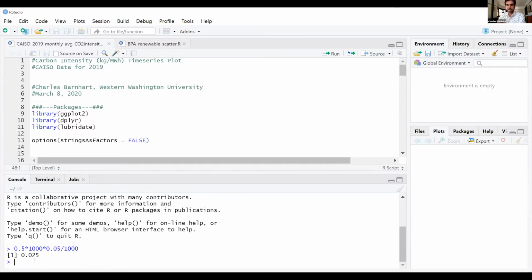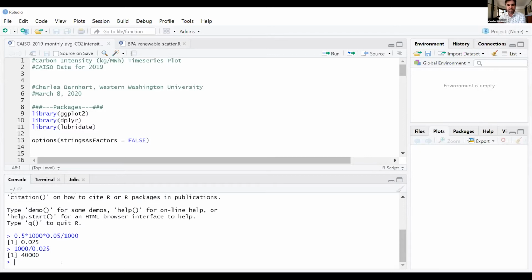And so switching one light bulb avoids 25 kilograms CO2 per year. And so to actually get to that metric ton avoidance, it'd be 1,000 divided by 0.025. We need 40,000 light bulbs or something. That doesn't seem right.